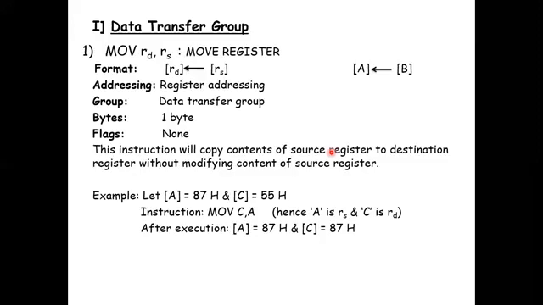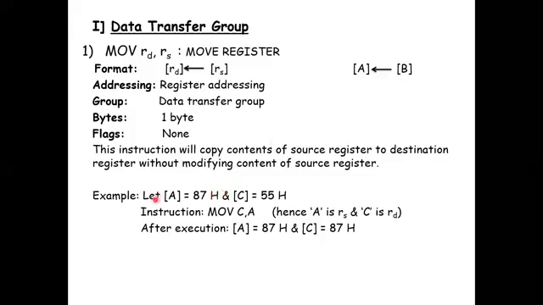First we see MOV Rd, Rs, where Rd means destination register and Rs means source register. This instruction copies the content of the source register to the destination register without modifying the source register.